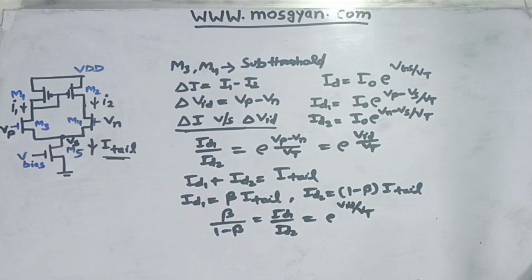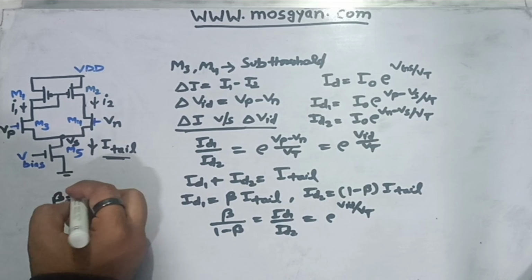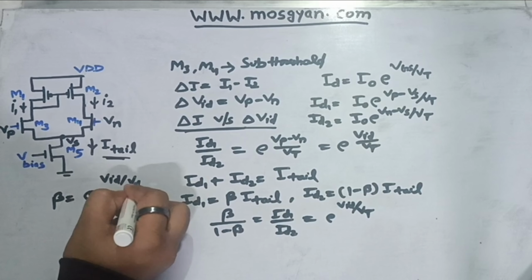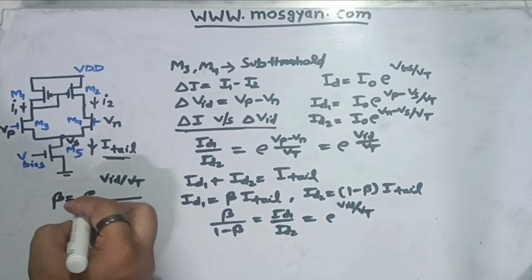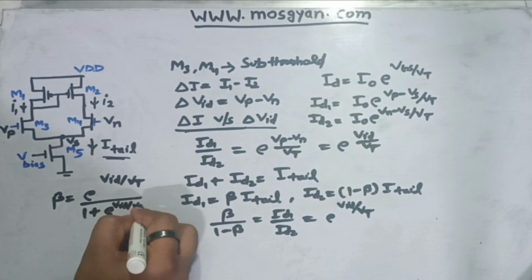Beta divided by 1 minus beta is equal to e to the power delta VID upon VT. So from here, if we try to extract the value of beta, we will get beta equal to e to the power delta VID upon VT divided by 1 plus e to the power delta VID divided by VT.